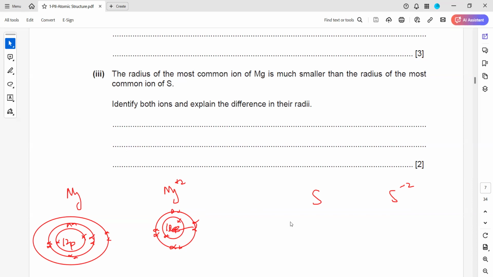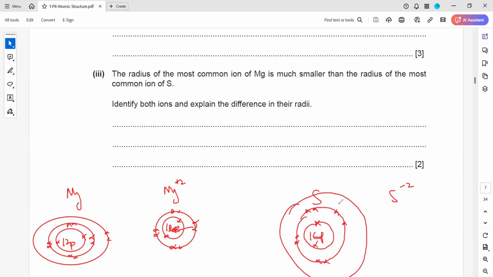But the opposite will happen for sulfur. The atomic number of sulfur is 16. First shell has 2 electrons, second shell has 8 electrons, and the third shell has 6 electrons.